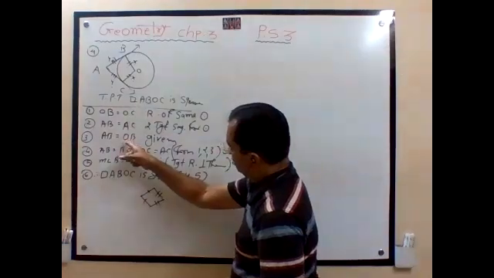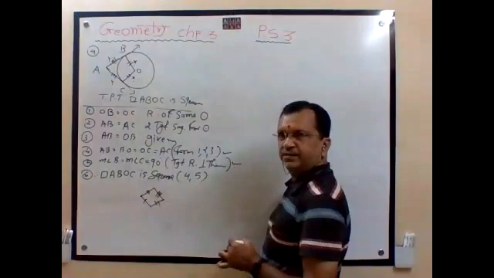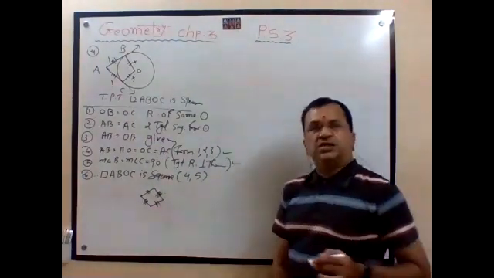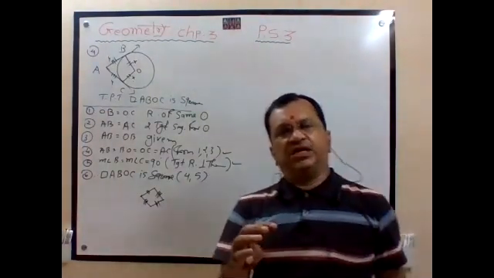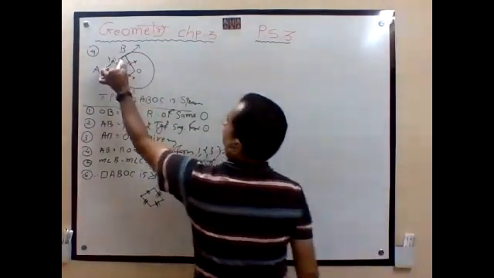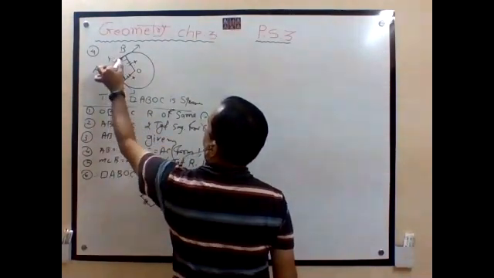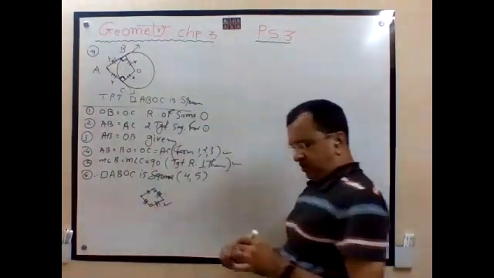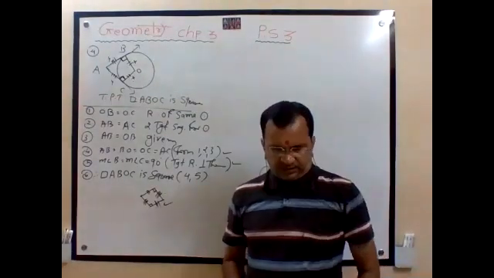Then point number 3, these and these are given equal. This equal to this, so automatically this equal to this. So all four are equal. If all four sides are equal, then it is said to be a rhombus. Then I have proved this is 90. In a rhombus, if any angle is 90, it is a square.